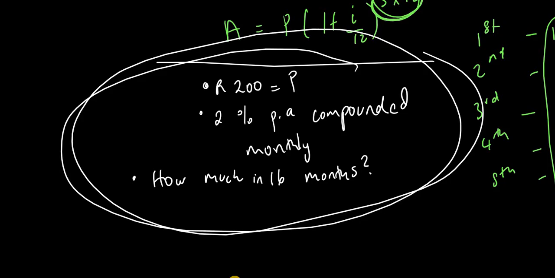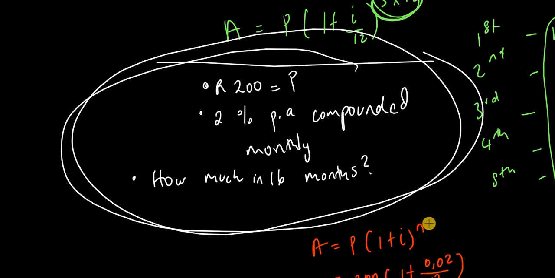To do this question, you'd use the formula A equals P into 1 plus i to the power of n. The principal amount is 200, the interest is 0.02, and they said compounded monthly, so you divide by 12. However, what should my exponent be?